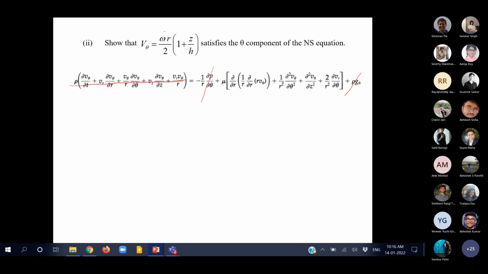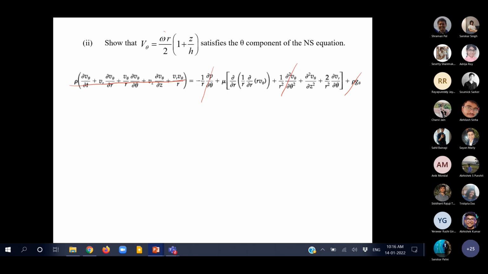Even though v theta is present, it is symmetric in an angular way. Its angular symmetry is there, so this would be 0.